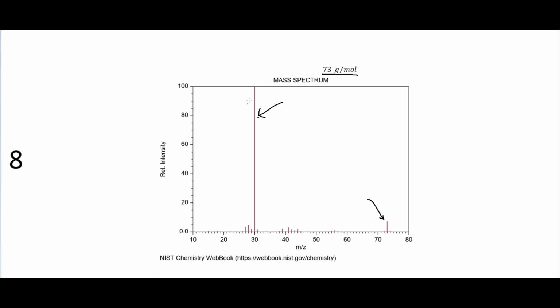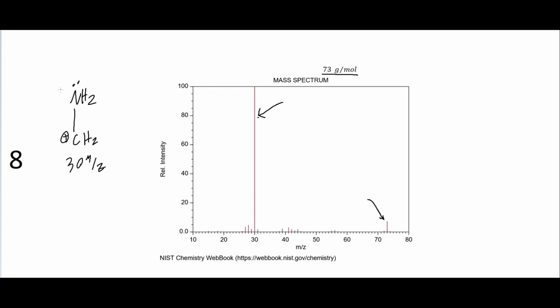And seeing an even fragment here at 30 with the odd M plus, this is a good indication that we have an amine group that looks like this. So NH2, we have our lone pair there, down to a single carbon like this. So this is a 30 m/z right here.